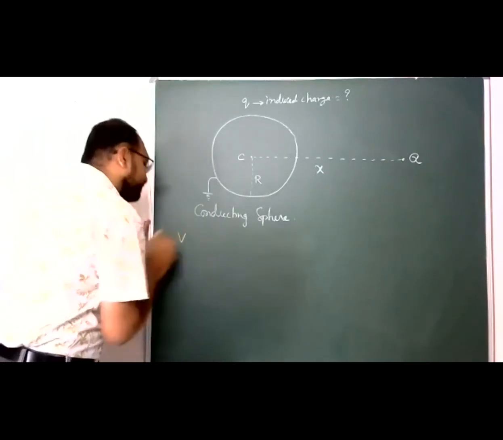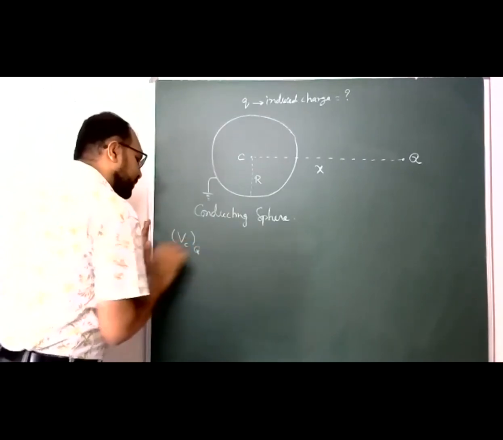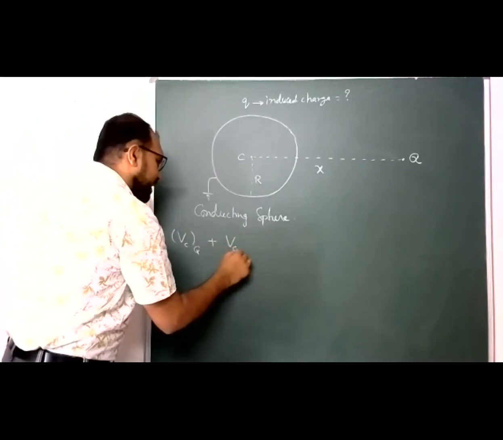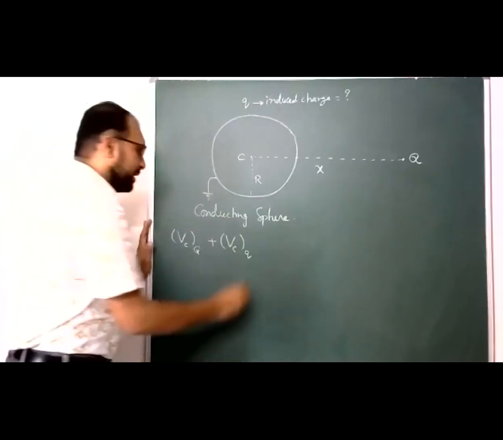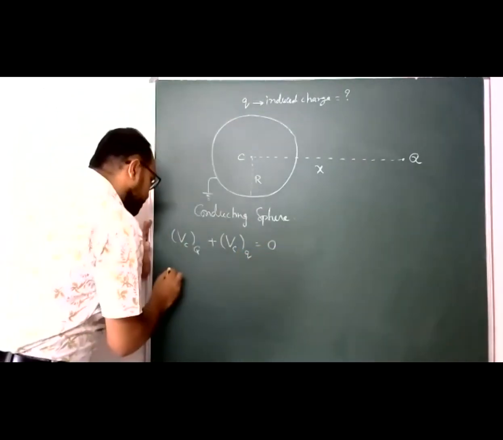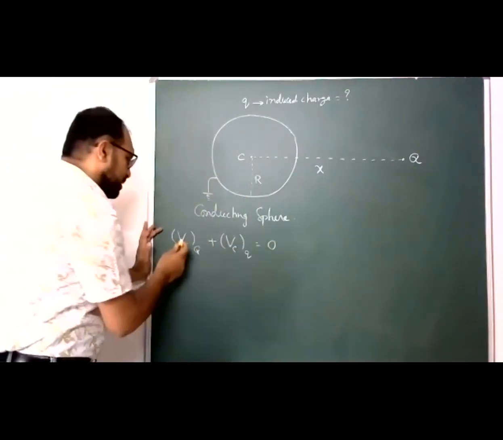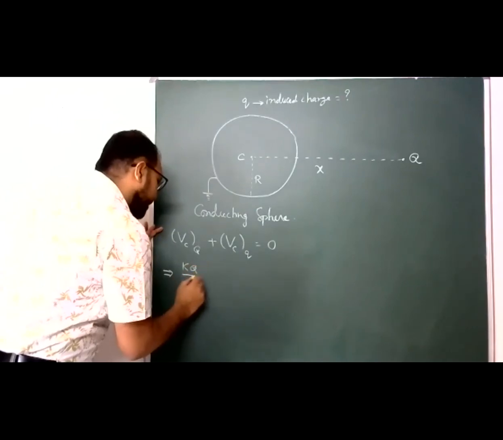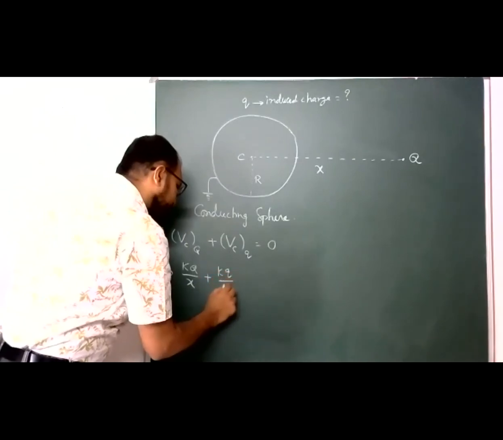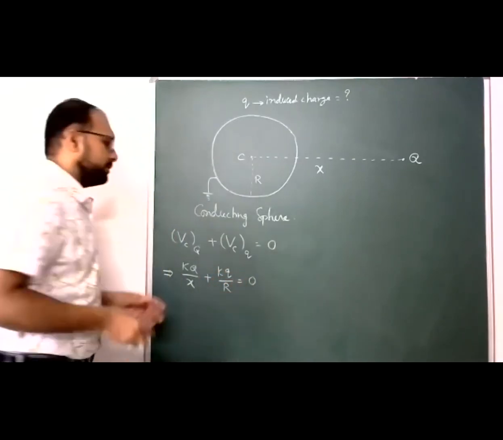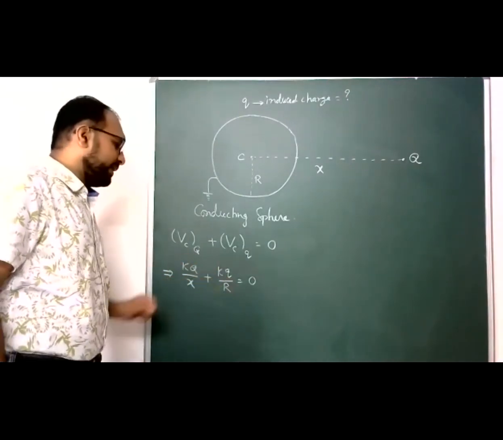So the potential at point C due to capital Q plus the potential at point C due to small q, the induced charge, is zero, because it is connected to the ground. So kQ divided by x plus kq divided by capital R equals 0.